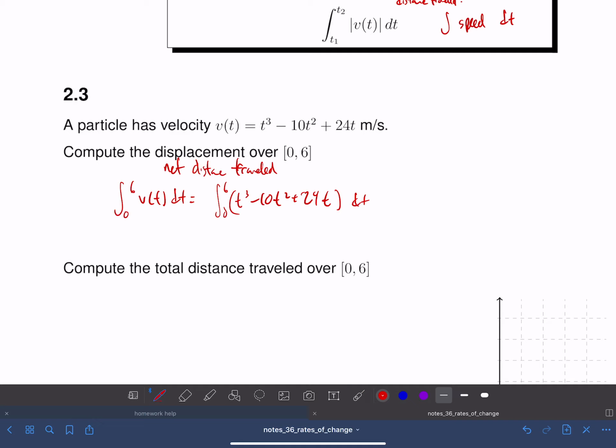Now I feel weird that I've been writing in red for most of this lecture. I don't know. This is equal to t to the 4th over 4 minus 10 thirds of t cubed plus 12t squared, evaluated from 0 to 6.